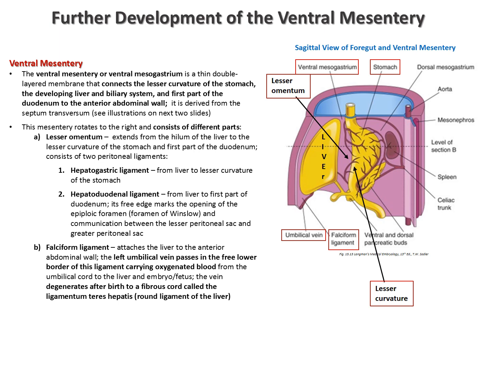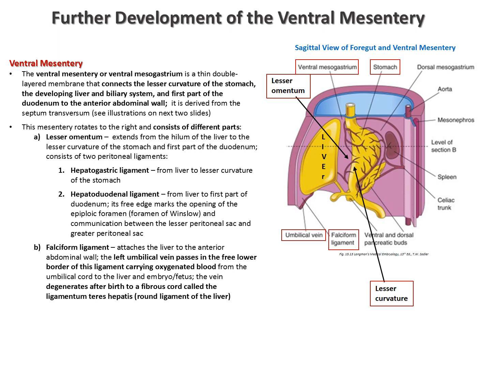The hepatoduodenal ligament extends from the liver to the first part of the duodenum. Its free edge marks the opening of the epiploic or omental foramen, or foramen of Winslow, and marks a communication between the lesser peritoneal sac and the greater peritoneal sac. We will see this more clearly in a later slide of these structures as they appear in the laboratory.